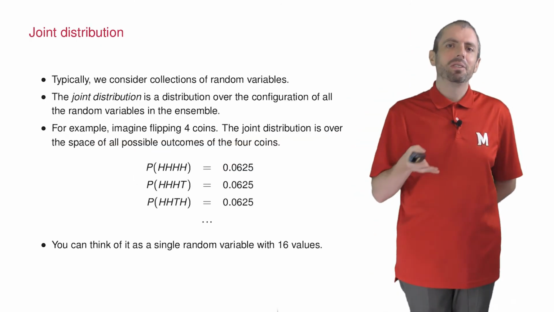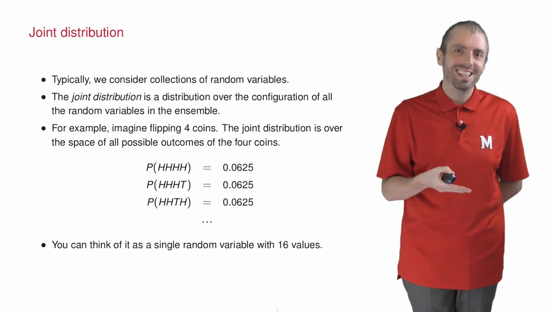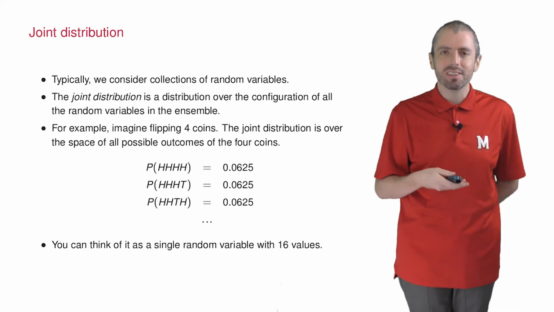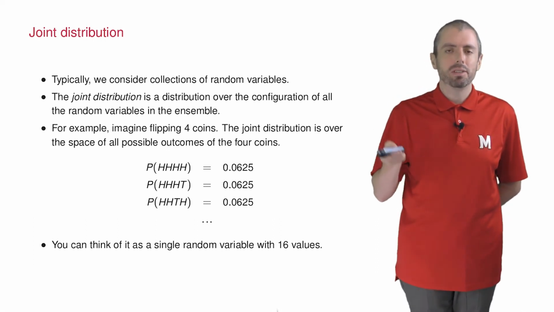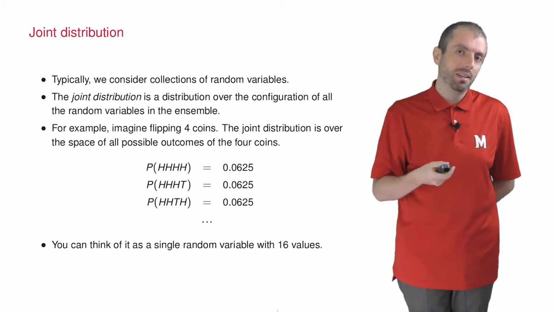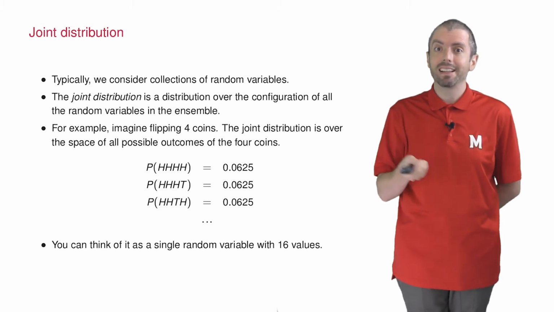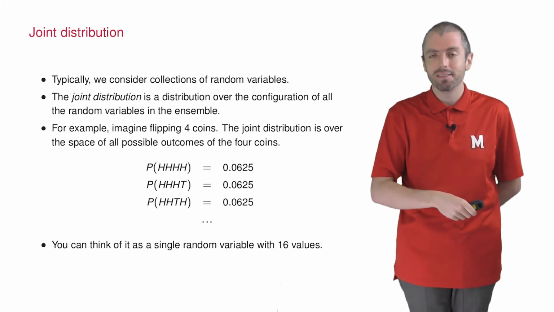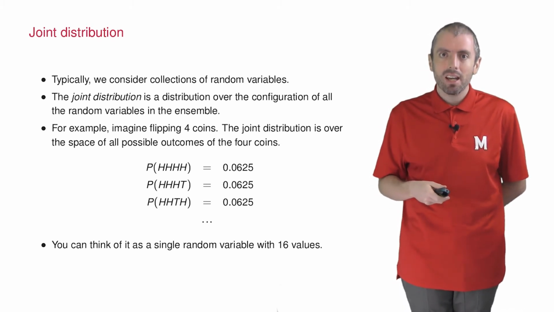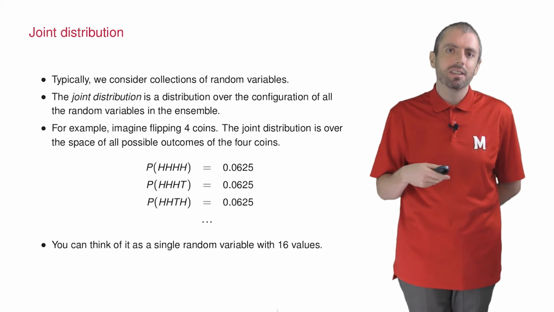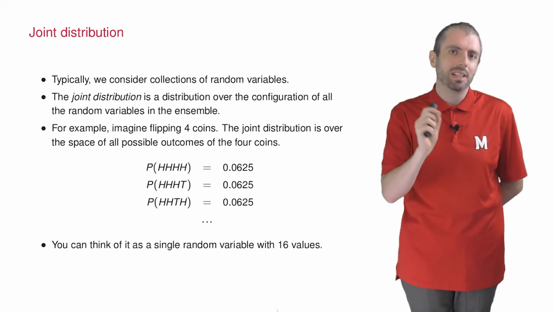Now's a good time to introduce a little bit more terminology: joint and marginal distributions. Joint distributions are distributions over multiple variables. So instead of just the probability of x, you have the probability of x and y and z and maybe a bunch of other stuff. Marginal distributions, on the other hand, are distributions over a single variable.